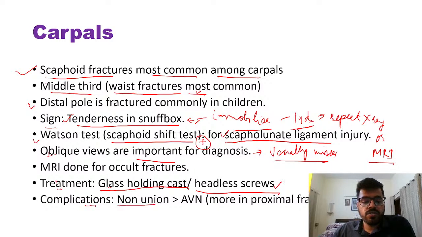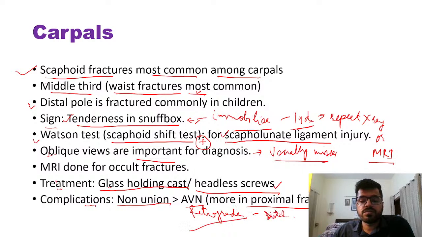Complications: non-union is more common than AVN, and AVN is more in proximal fractures because it has a retrograde blood supply. That is, the blood comes from distal to proximal. So the more proximal the fracture, the greater the chance of AVN because of retrograde blood supply.